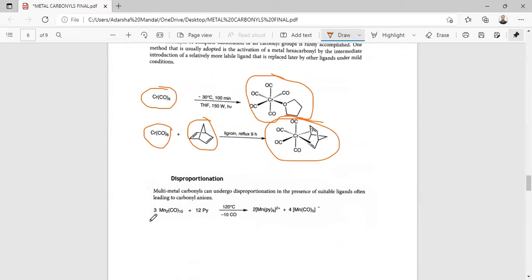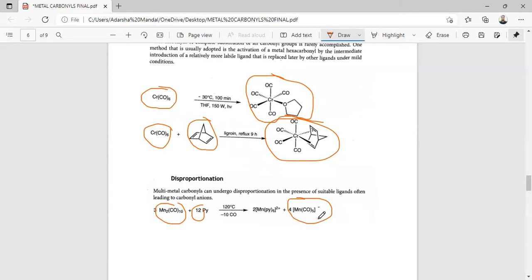So the second reaction is the disproportionation reaction. Multi-metal carbonyls can undergo disproportionation in the presence of suitable ligands, leading to carbonyl anions. So this is the metal carbonyl moiety that will react with pyridine and form this metal carbonyl anion species.